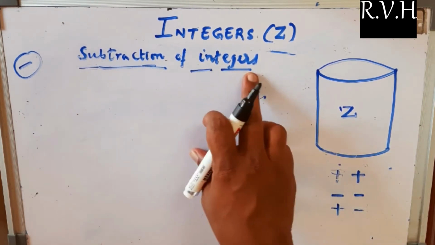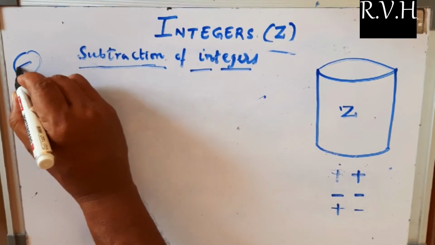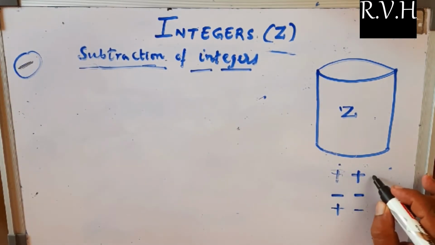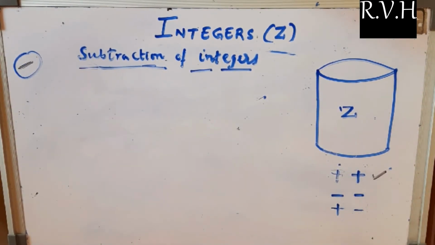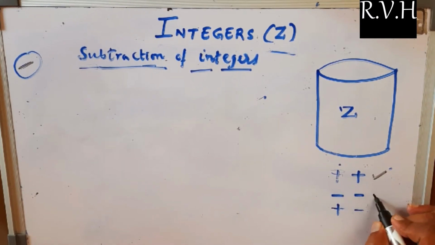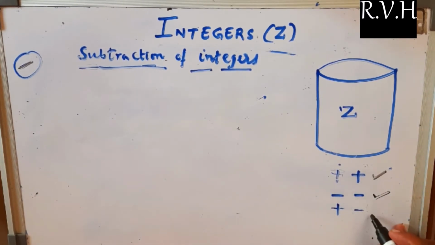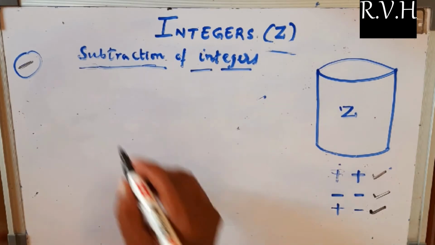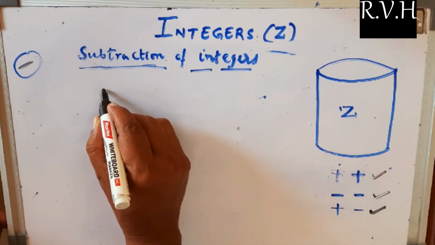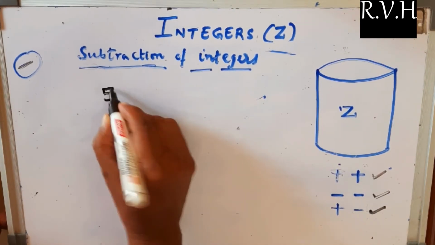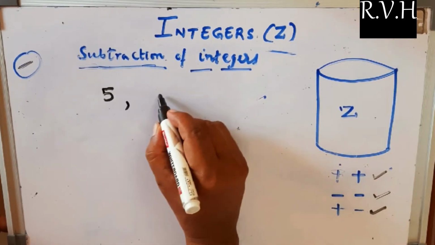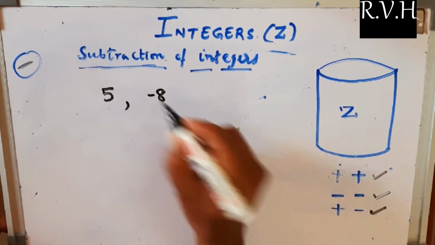This is how we deal with the third case, where, mind you, we are learning subtraction of integers. So we are doing minus, right? In the first case we saw plus: when we took 2 positives, how to subtract them, and 2 negative integers, how to subtract them. And now we are going to deal with 1 positive and 1 negative. Suppose the positive number I got is 5, and the negative number is minus 8.